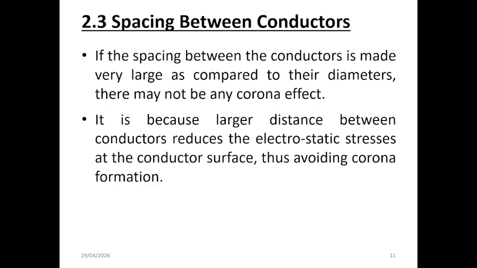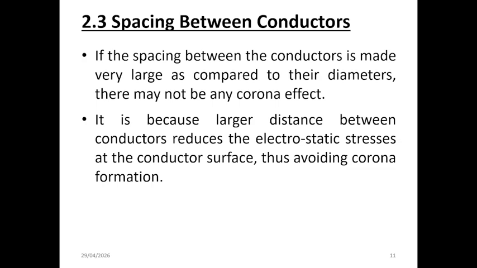This is because increasing the spacing reduces the electrostatic stress or electric field intensity at the surface of each conductor. With lower surface stress, the air surrounding the conductors is less likely to become ionized, thereby preventing corona discharge. Therefore, proper spacing between conductors is an effective design consideration to minimize corona losses and improve the overall efficiency of the transmission system.